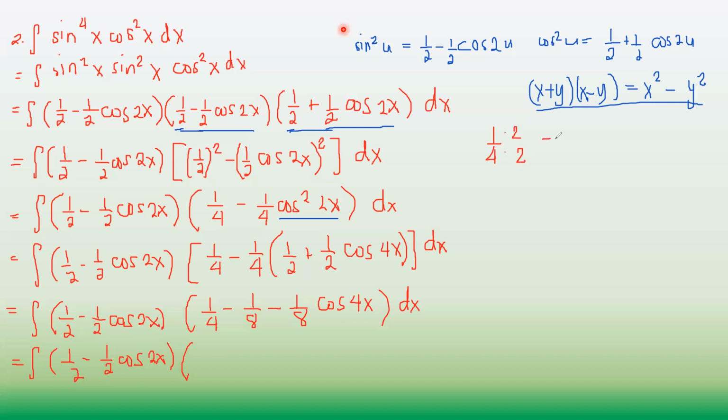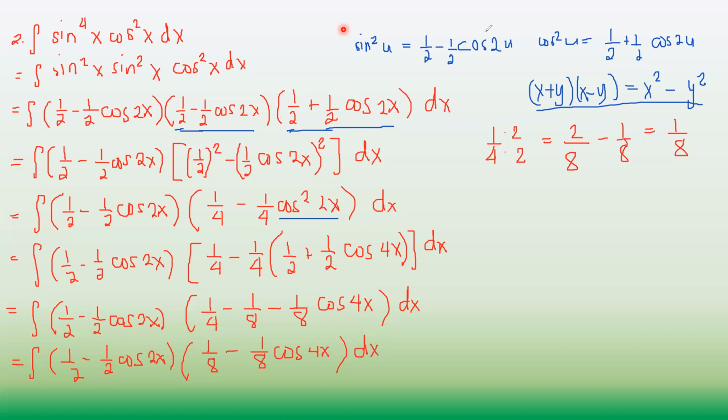So magkakaroon ka ng 2/8. Kaya 2/8 minus 1/8 ka ngayon. 2 minus 1 lang, so meron kang 1/8. Kaya magiging 1/8 ito. 1/4 minus 1/8 ay 1/8. So 1/8 minus 1/8 cosine of 4x. And then dx.